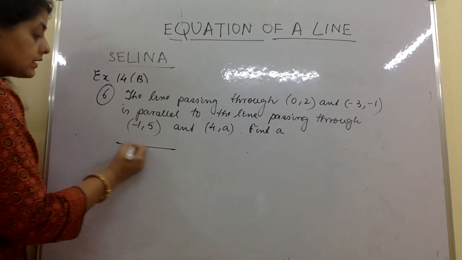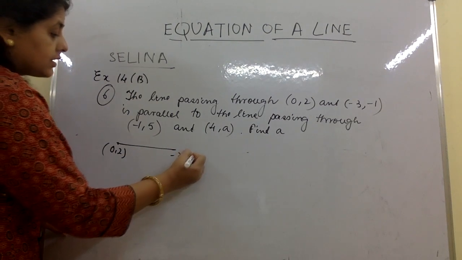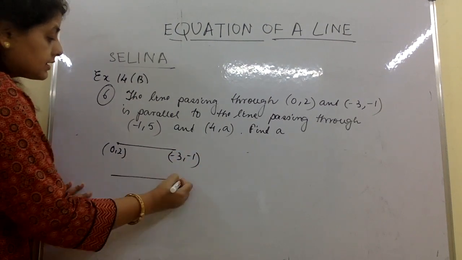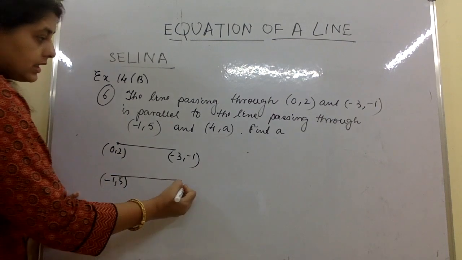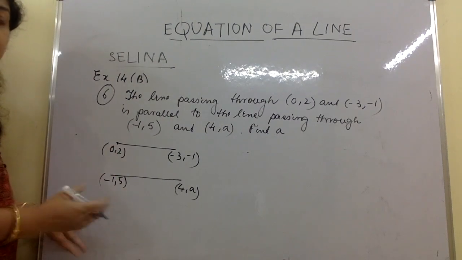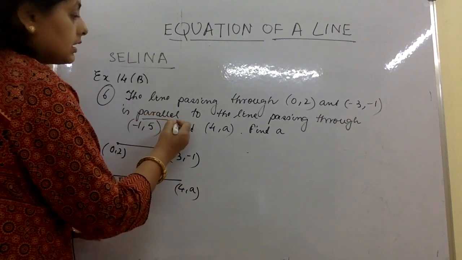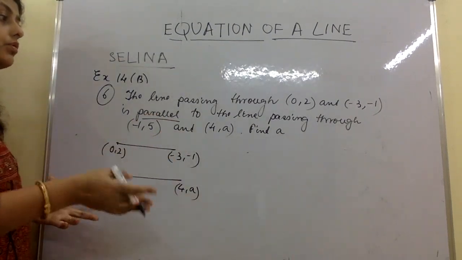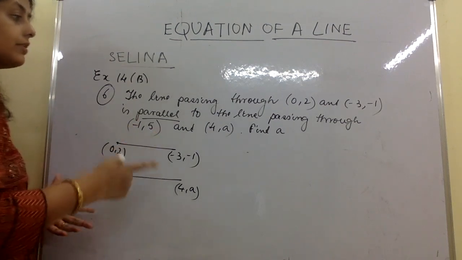So here is a line passing through 0, 2 and minus 3, minus 1, and there is another line passing through minus 1, 5 and 4, a. They have told us they are parallel, so we have to find a.